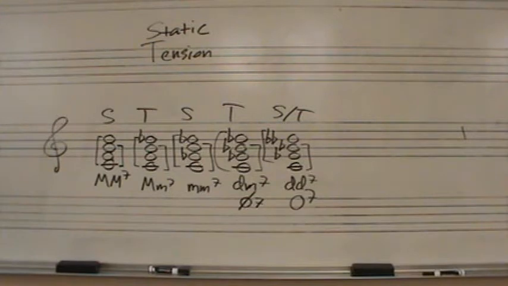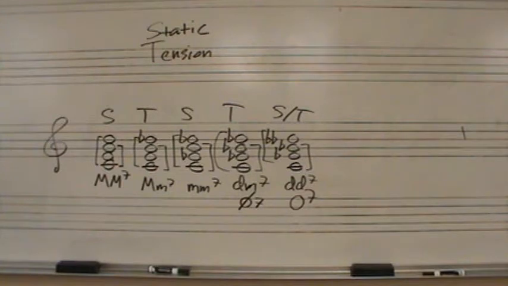And this chord we consider static because it doesn't have a strong need to move anywhere else. If you're playing Autumn Leaves or some jazzy kind of thing, you can just go right on playing a major chord, another major seventh, and end right there, and we would be perfectly satisfied.